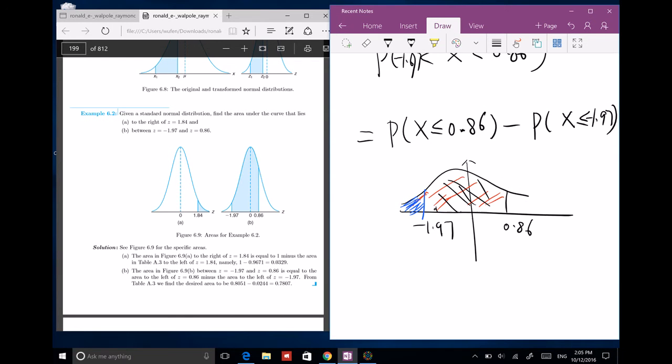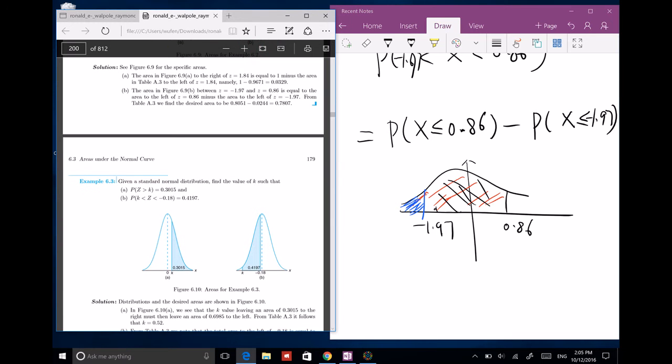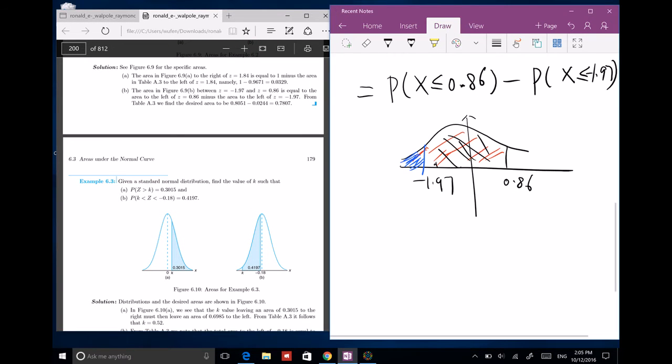So subtract those two. That's how you find the probability value given a z-score. Given a z-score, you can use the normal distribution table to find the probability.